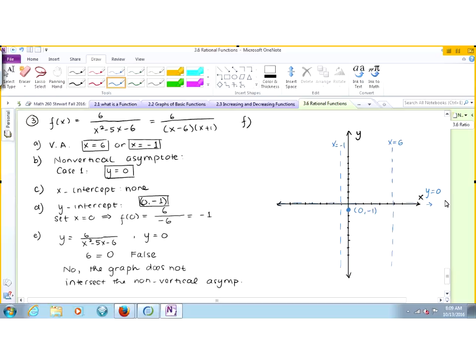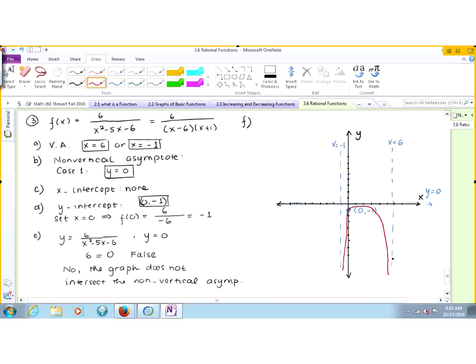If up, then I have an intersection with my non-vertical asymptote. So if I start here, it's going to have to cross here, right? So it's not going to happen. So where is my possibility? Down, yes. Now what happens here? Will it go up now? No, it's going to go down again, yes.